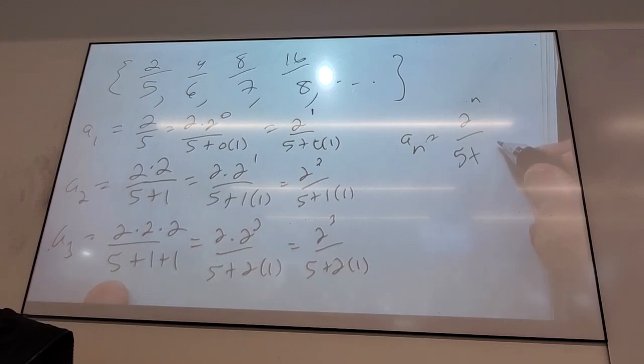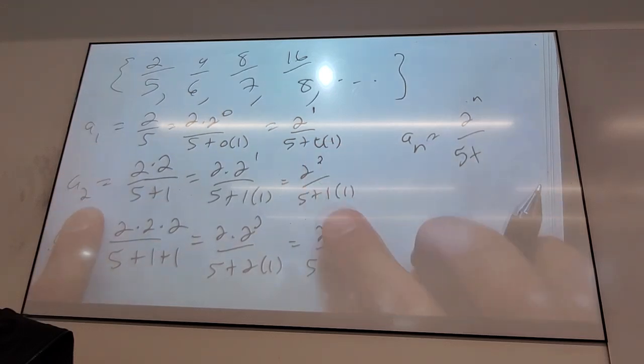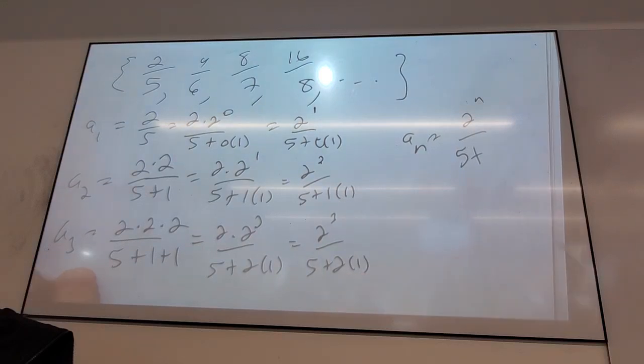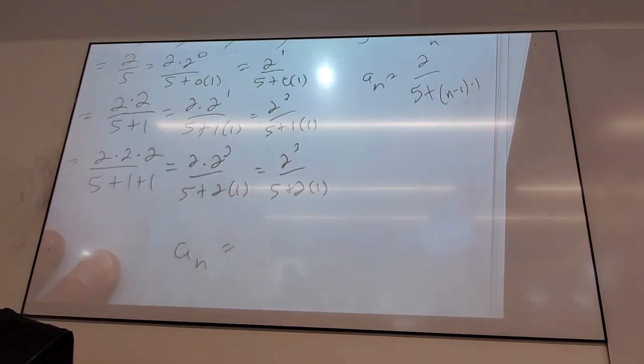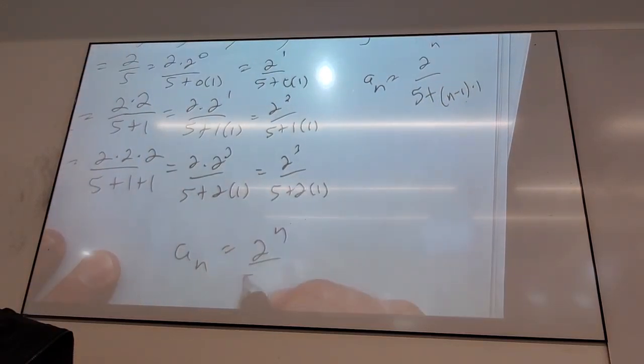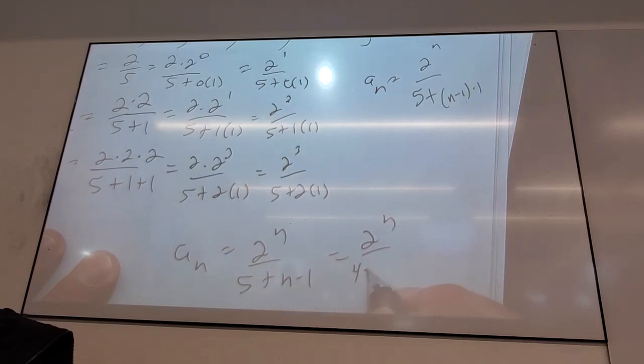AN, A1 is 0, A2 is 1, A3 is 2. N minus 1 times 1, yes? Is that okay? So then I end up, just to kind of write this, with 2 to the n over 5 plus n minus 1, which is 2 to the n over 4 plus n.